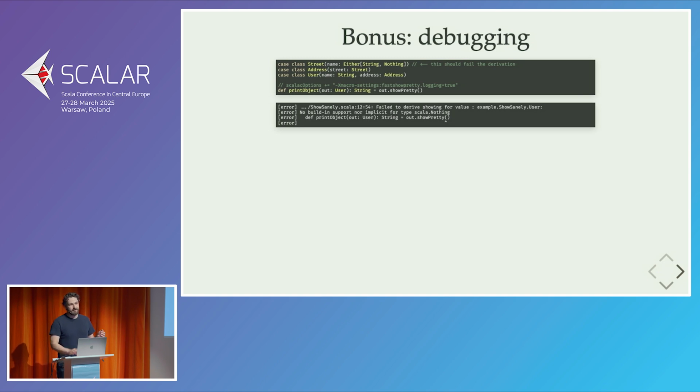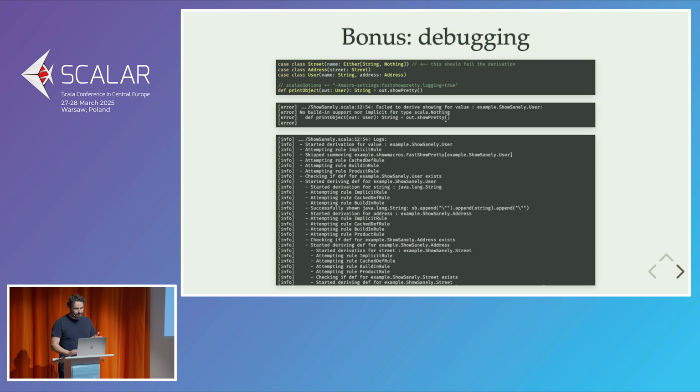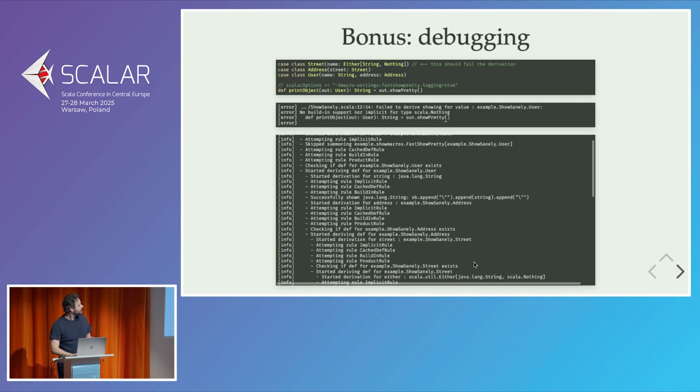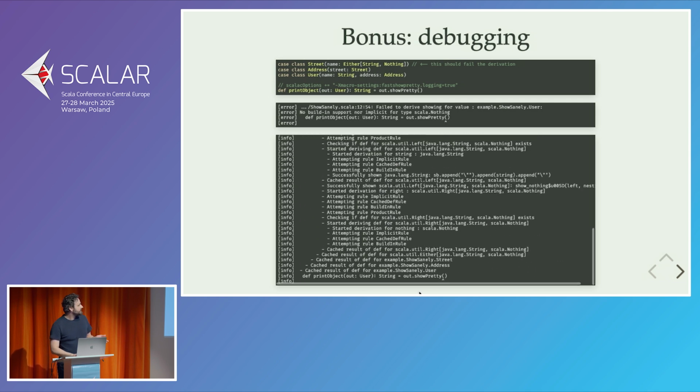You can do something like, if I have this flag, I could write this message for the user so that they could see what is the logic inside the macro, what is the final expression, and how much time it took to derive things. So you could, inside the macro, write very detailed logs and give them to users, so that even if things fail, or a user wants more in-depth knowledge of why you derived the code the way you did, you could give them a very detailed log.